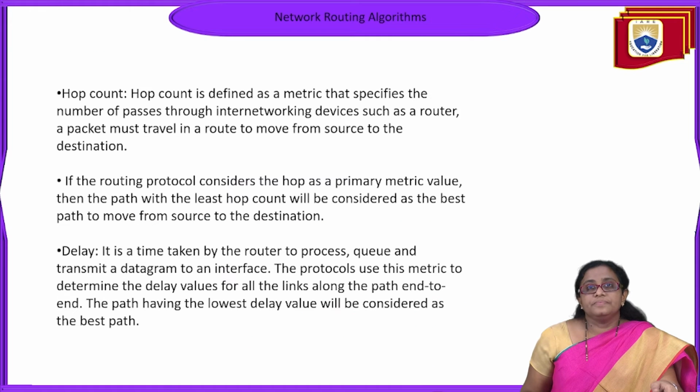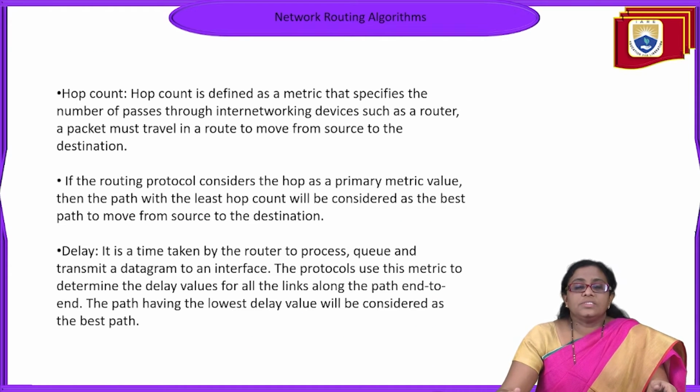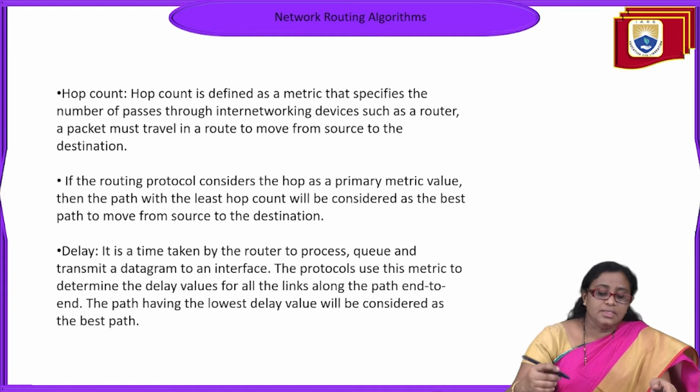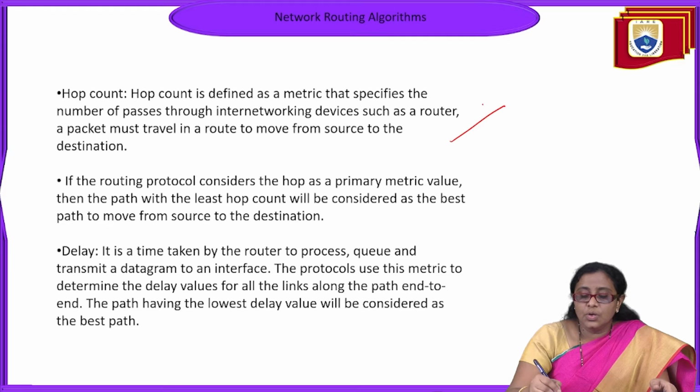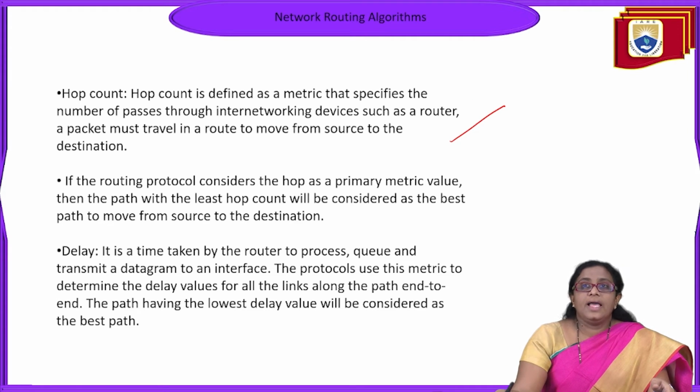Coming to the second concept of the routing metrics and costs, the first metric is the hop count. Under that, routing metric one is the hop count. Hop count is defined as a metric which specifies the number of passes through internetworking devices such as routers that a packet must make on a particular route to move from its source to the destination.